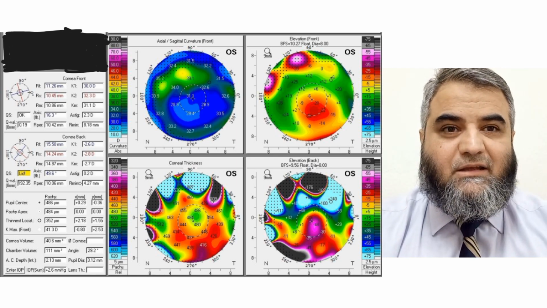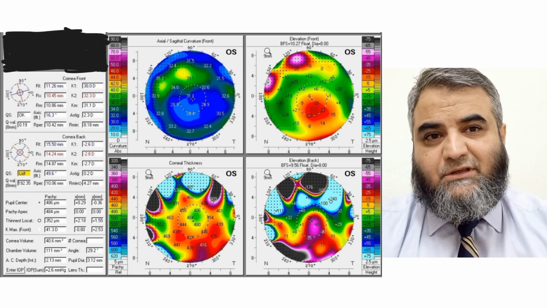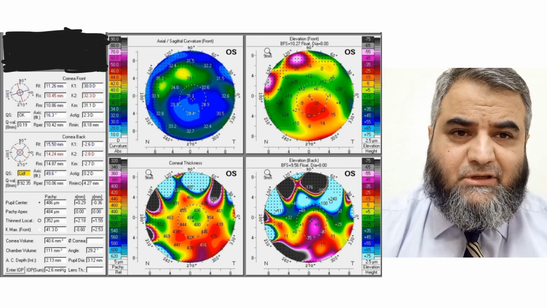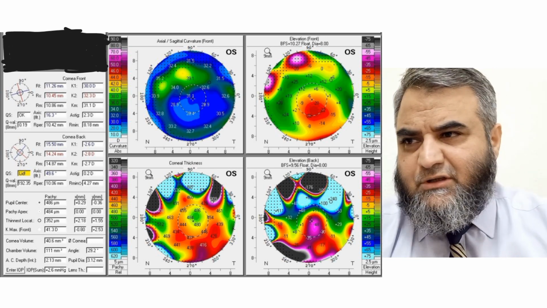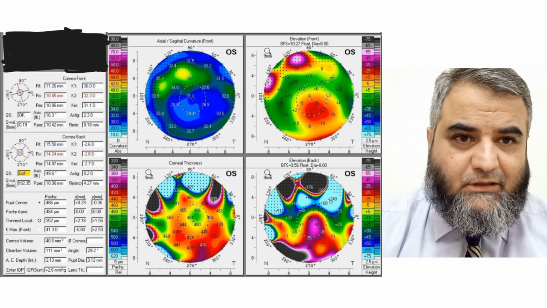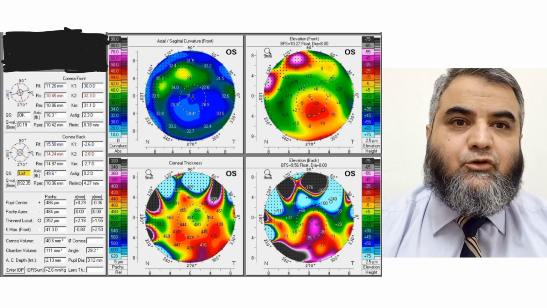Cornea plana is a bilateral disease. Here again you can see that K1 is 33 and K2 is 31, and this patient has astigmatism of 3 diopters. So it is a bilateral disease with very reduced keratometry.